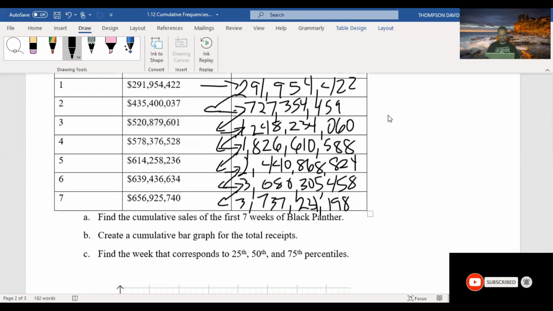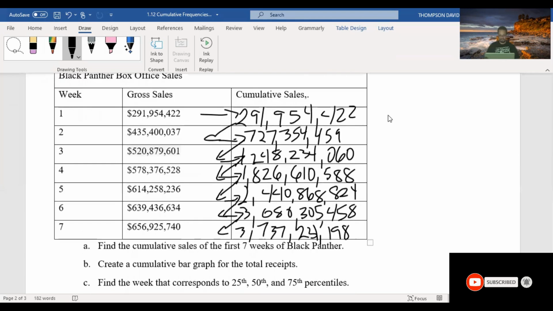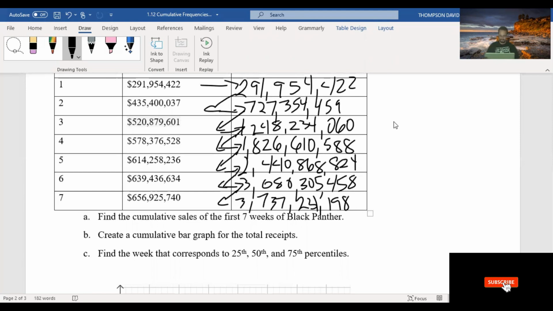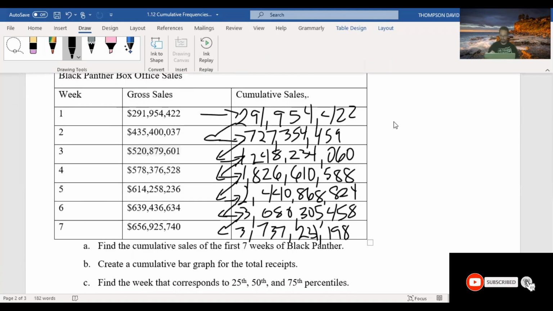So it's going to ask us to create a bar graph. Because these numbers are so large, we'll round to the nearest million. So that would be 292 million. We'll round this to 727. We'll round this to 1,248.